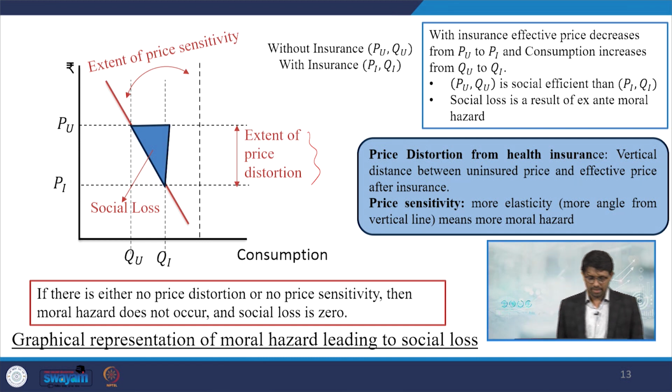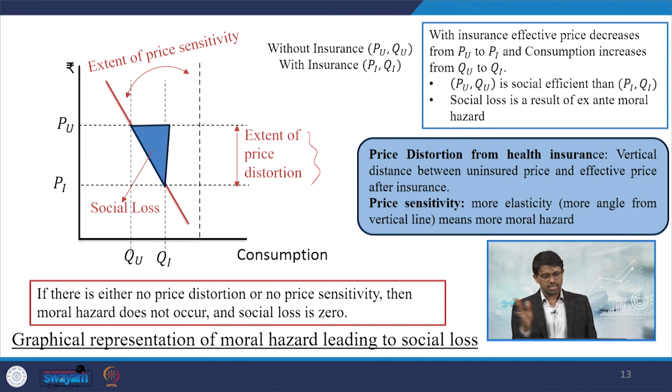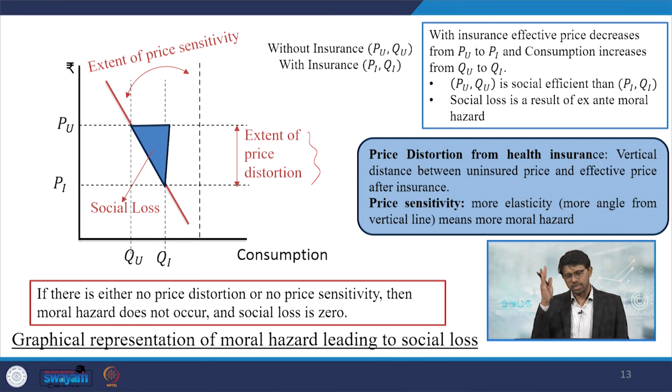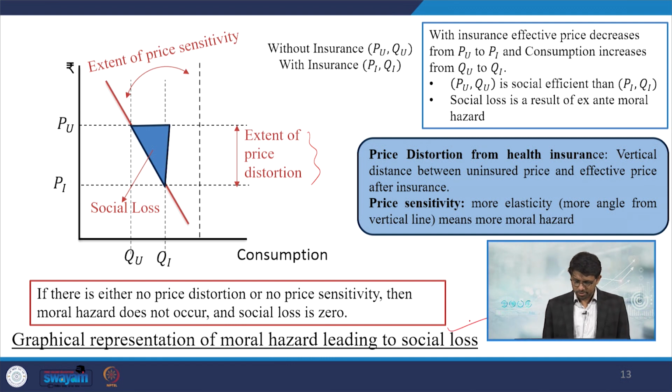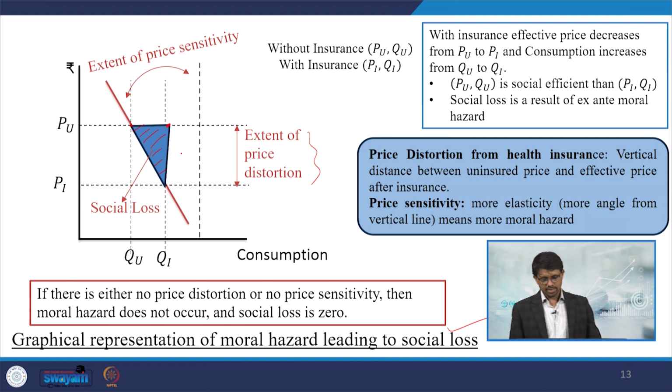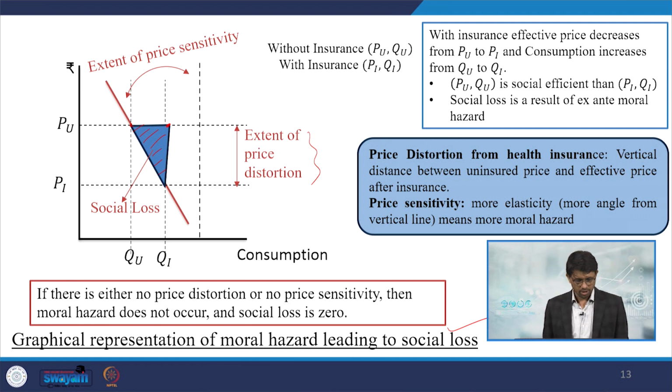If it is completely vertical, or there is no sensitivity to price, or it is fixed and vertical, in that case no moral hazard occurs, and hence social loss is 0. Okay. So, this is where we are presenting the issues of social loss. You can see that up to QI, from this point till this portion is now over-utilized, and that leads to social loss.